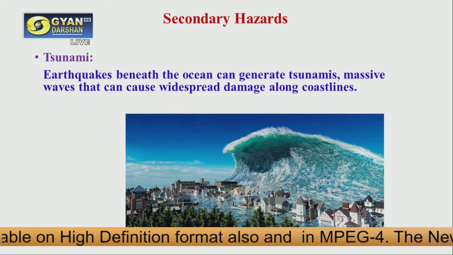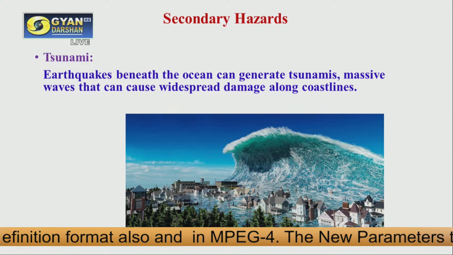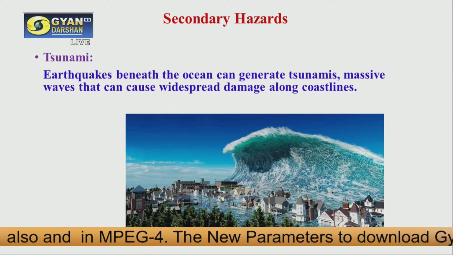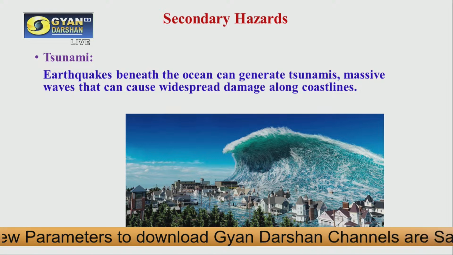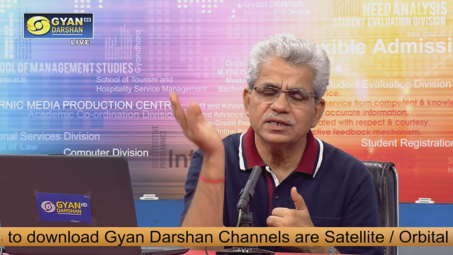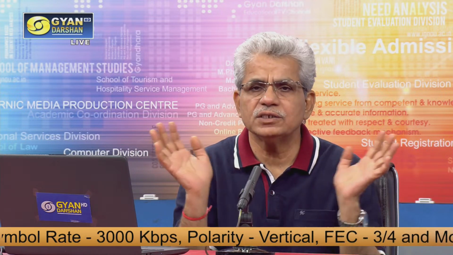When it reaches near the seashore, because of the high energy, high waves are generated, and they may go up to something around 10 meters, 15 meters. And when this wavefront moves onshore, it washes out everything, whether it's a building or a human being or whatever it is.